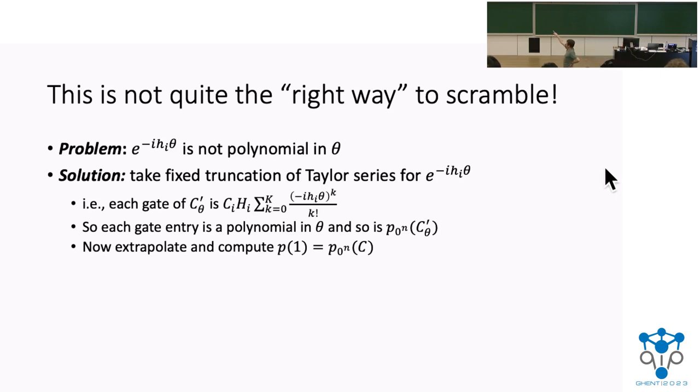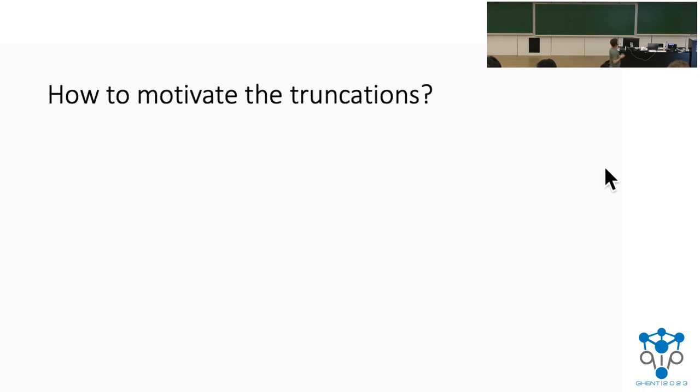We extrapolate to reconstitute the polynomial, which we're calling p, and then evaluate the polynomial at 1 to get back our worst case circuit. This is very much the equivalent of what Lipton did. But there's a big issue here, which is how do we motivate these Taylor series truncations? If you think about what the Taylor series truncations are doing, on the one hand, they're giving us the polynomial structure that allows us to use Lipton's result to prove the hardness of the worst case circuit.